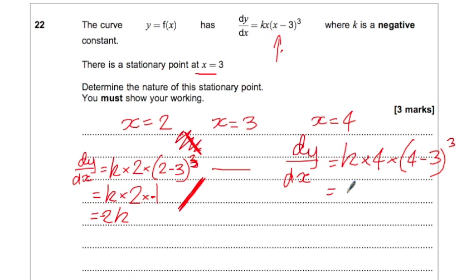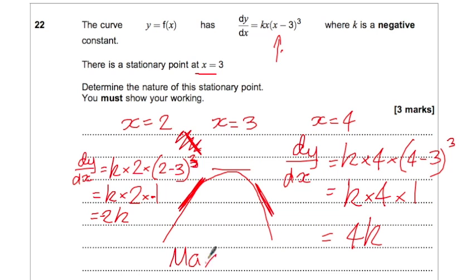Okay, on the other side we've got k times 4 times 1 cubed, which is 1, so we get 4k. So now this is 4 times a negative number, so will be negative. So we can imagine our curve, it's got a positive gradient, a stationary point, and then a negative gradient, so it's a maximum.